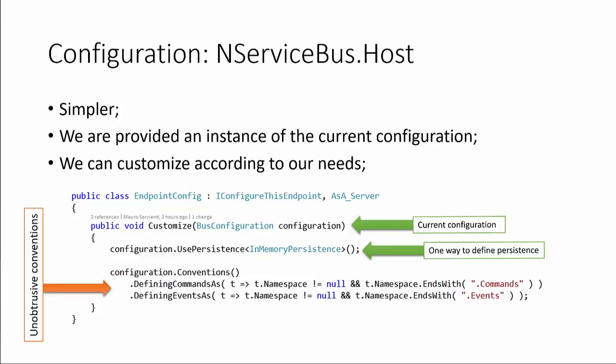And then we can access, as before, the unobtrusive conventions. In this case, it's not configuration anymore. And we are calling the conventions method, and then defining commands and events as before. So it's a delegate that will be called for each type found in the scanned assemblies.